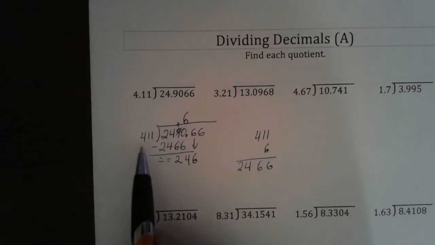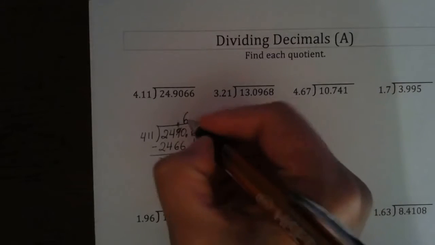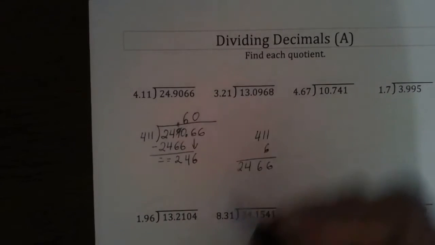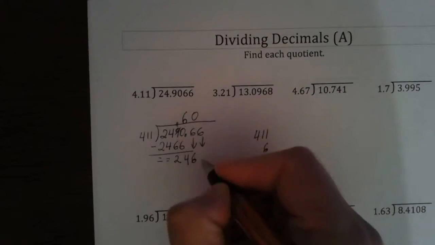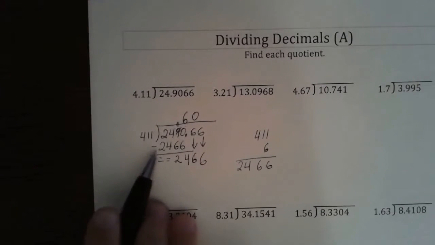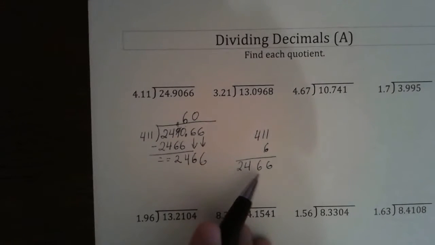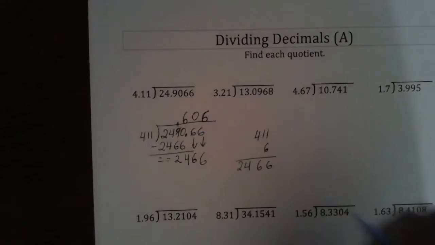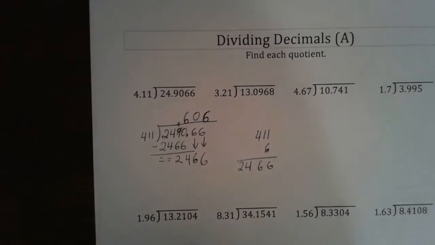How many times does 411 go into 246? Well, it does not. Okay, I bring another 6 down. And as you can see, I have that number here and I have a number here, so I know it's 6. I already did that. Now I have to decide where the decimal is here.